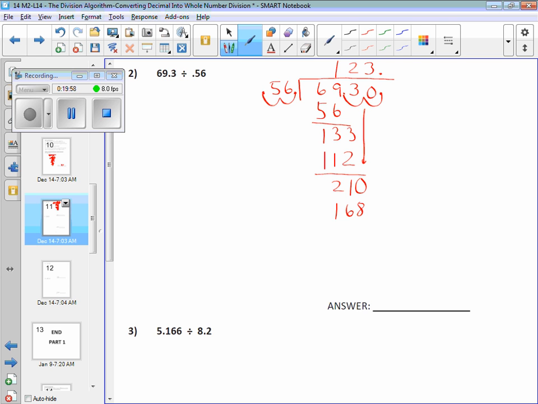Yeah, 168. And then I subtract, and I get 42. Am I done? No. Got to make another 0, and I got to drop a 0. 56 into 420.